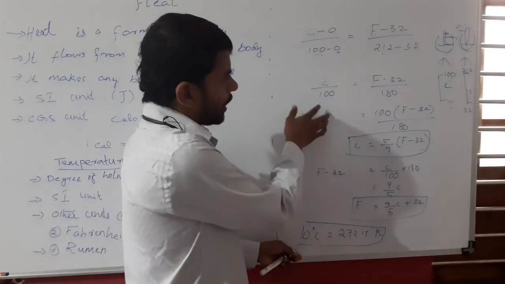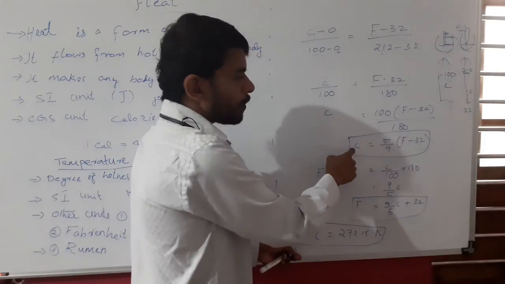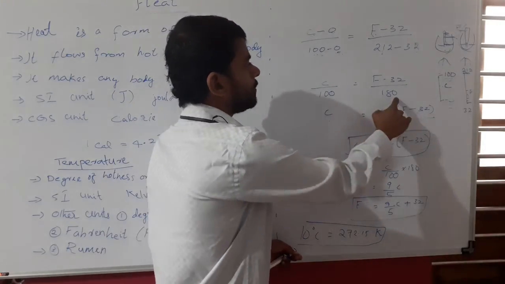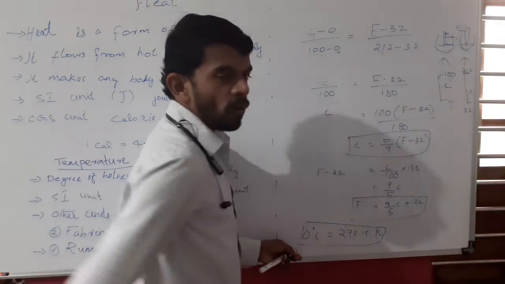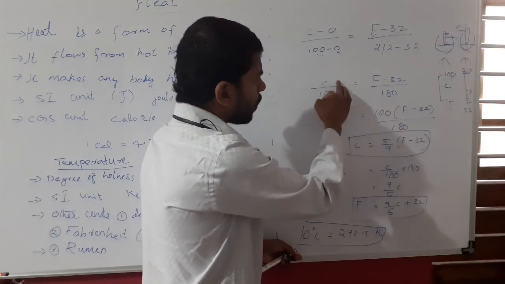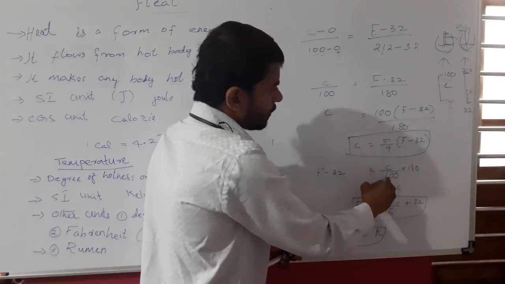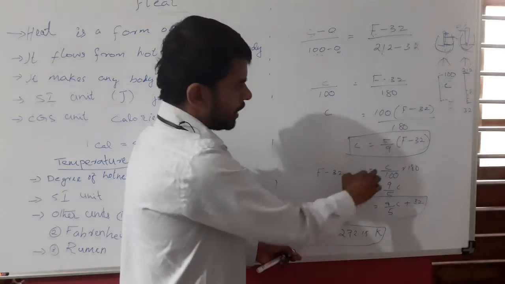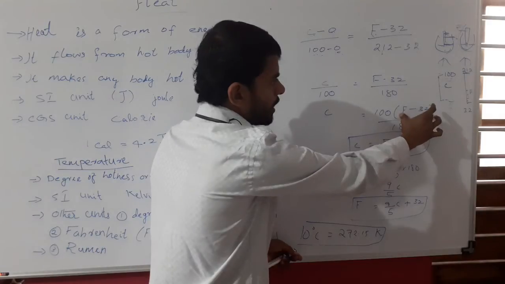And now again we are representing the Fahrenheit in terms of Celsius. How to do it? Again we go to the basic equation. C by 100 is equal to F minus 32 divided by 180. Now we are bringing the 180 here, so that is C by 100 into 180. Remaining here is F minus 32.